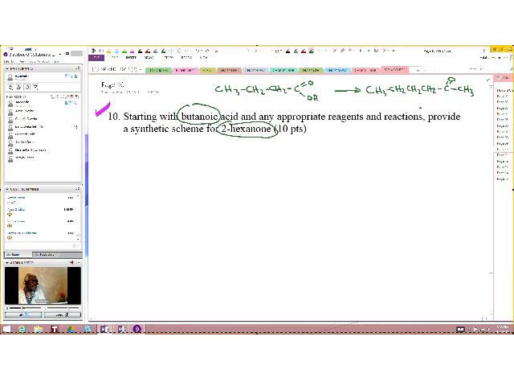So we are also testing your knowledge of nomenclature here. Okay, so what are we doing here? We are going from a 4-carbon starting material to a 6-carbon product.